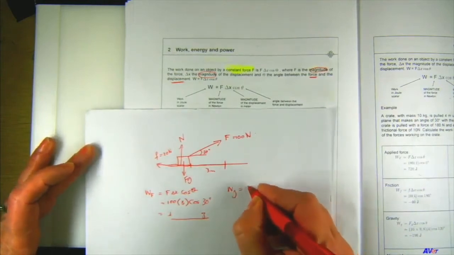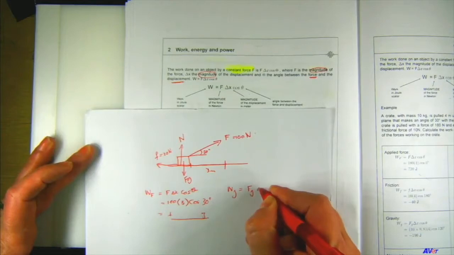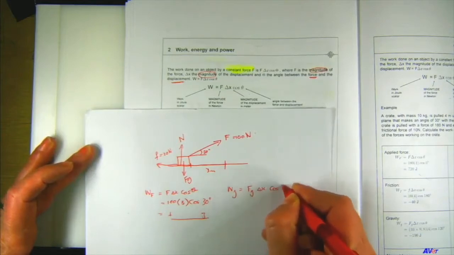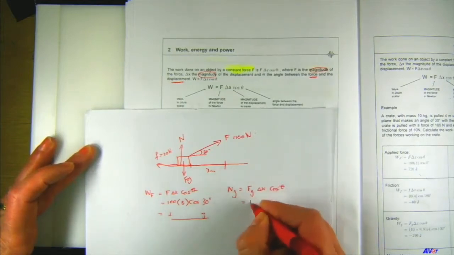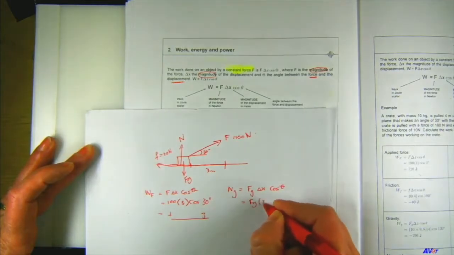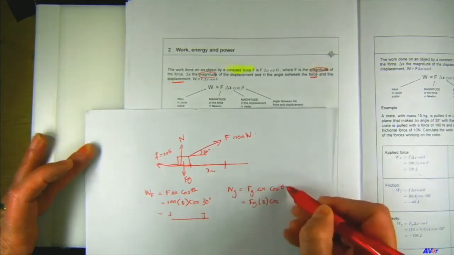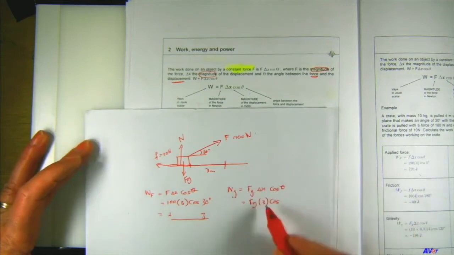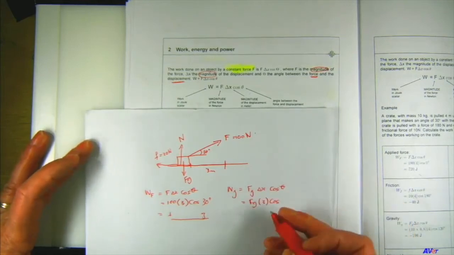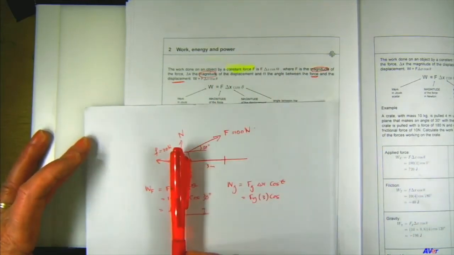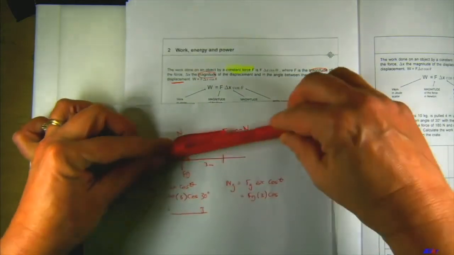Now, once again, you have to have the force, the displacement, and cos theta. You will have the force, you will have your 3 meters, and you will have cos. What will be the angle for the gravitational force? Put your pen in the direction of the force and turn until you get to the displacement.